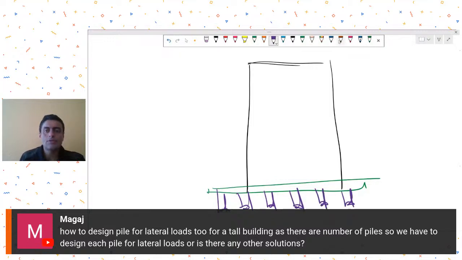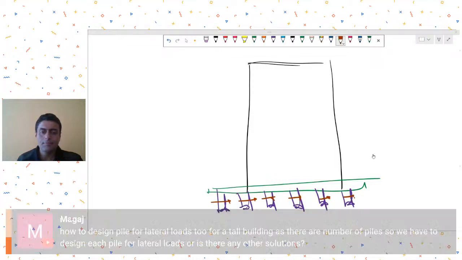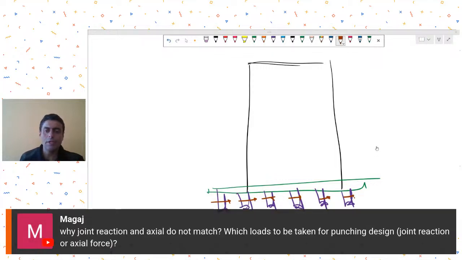So first of all, through the model, you find out the individual lateral loads in the pile, and then for each lateral load, obviously you're not going to design the pile separately. So you could just pick up the worst or the greatest magnitude of lateral load, and for that you check the pile, find out the depth of fixity of the pile, and then design the pile accordingly for lateral load.